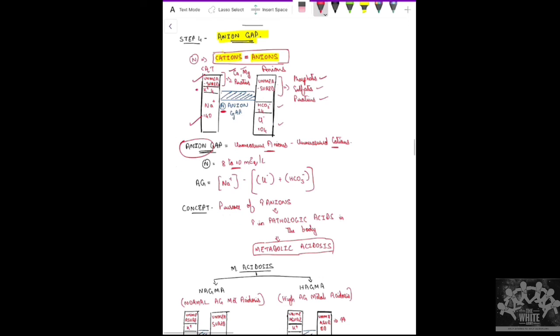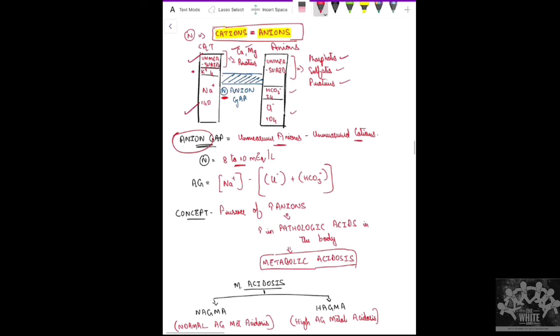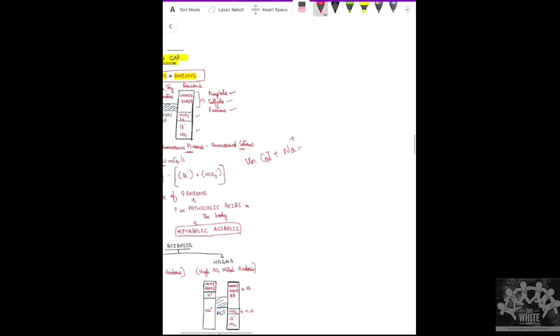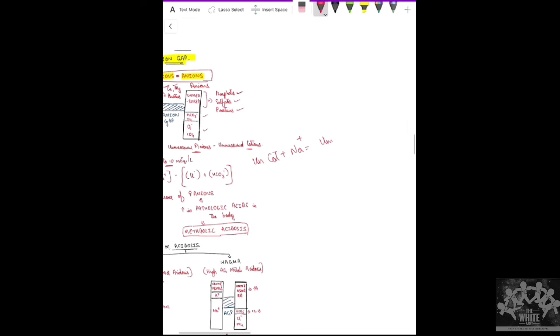Next we see how we arrived at this equation. Unmeasured cations plus Na plus will be equal to unmeasured anions plus Cl minus plus HCO3 minus. Correct, no?